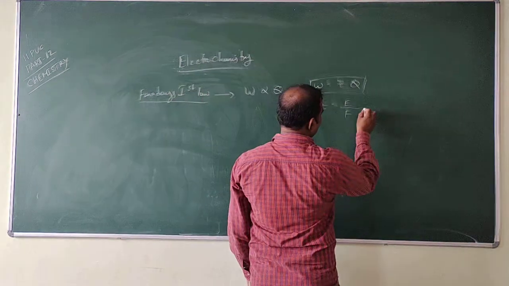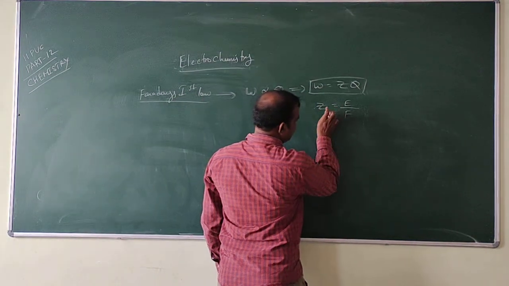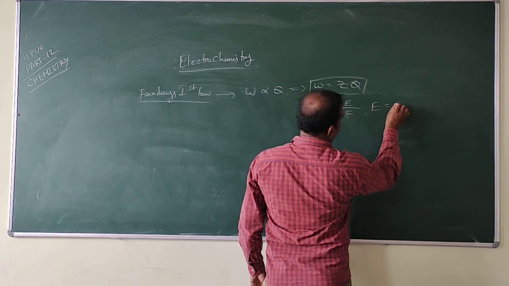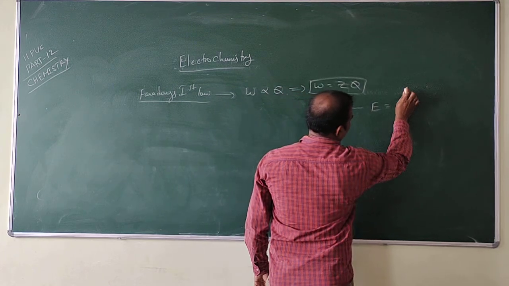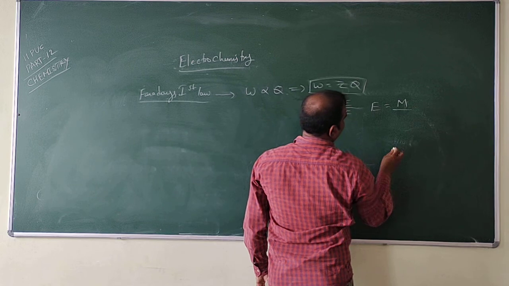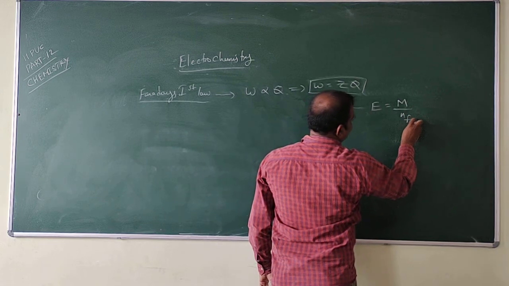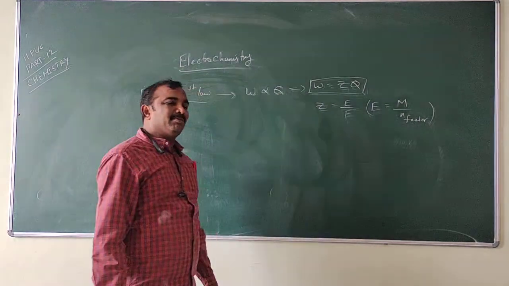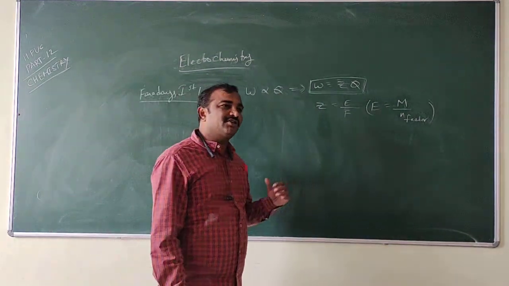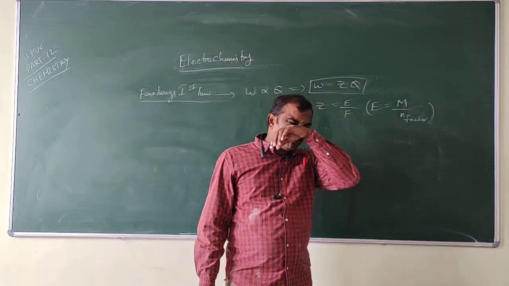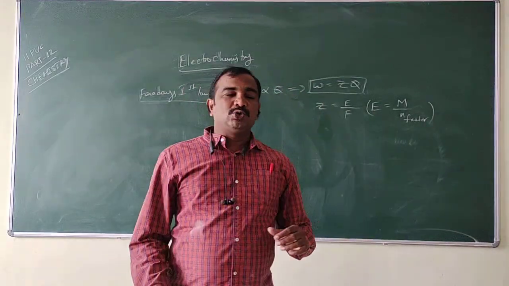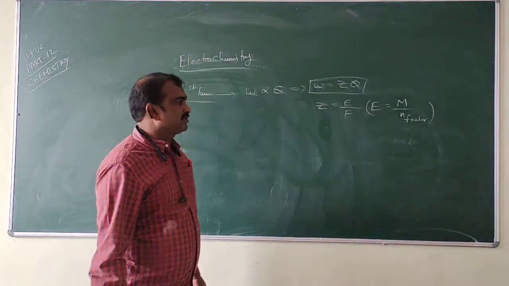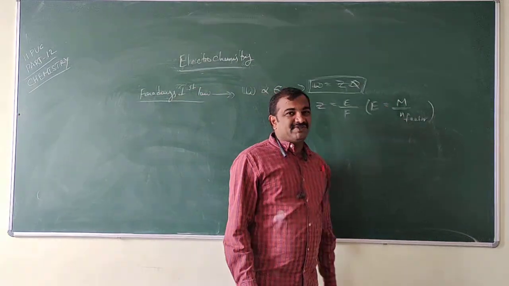So what is E here? E is equal to capital M by n factor. What is the n factor? It is the number of electrons transferred, or the number of electrons required to convert reactants to products, and M is the atomic weight.